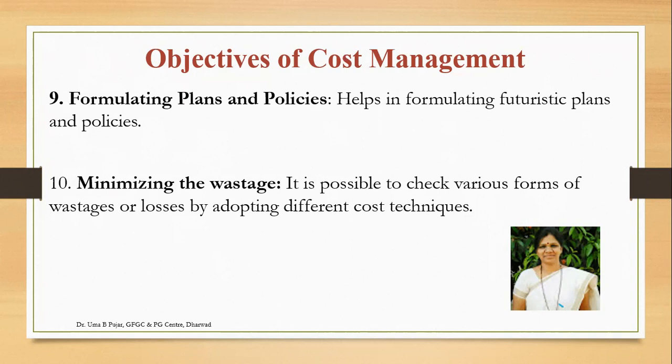We have different tools and techniques which we are going to study in the next part. I will be giving details of those also. So these are the different objectives of cost management.